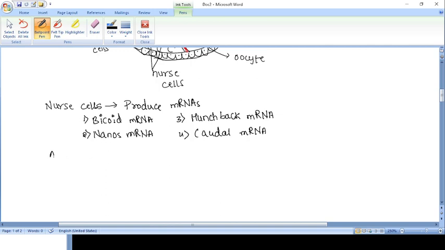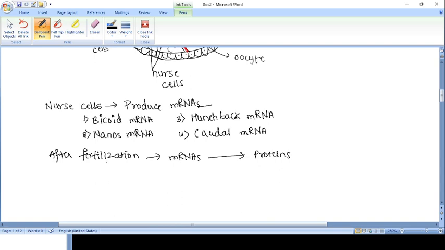These mRNAs are produced before fertilization, and after fertilization, see what happens. These mRNAs are translated into proteins.